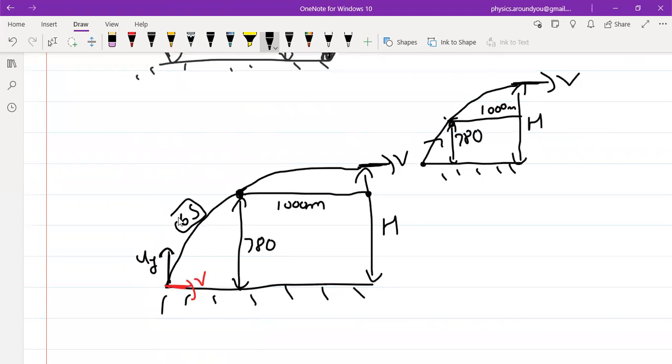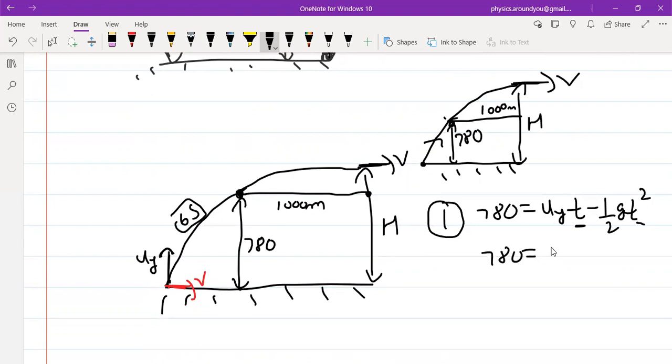Well, how do we approach? I will use only three equations. The first equation is, it is at a height of 780. So 780 equals the original y component, uy t minus half g t square. Right? Now I'll put t as 6 seconds because at 6 seconds it is just 780 meters. So 780 is equal to 6uy minus 5 into 36.